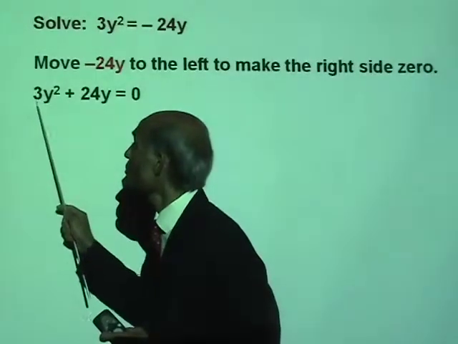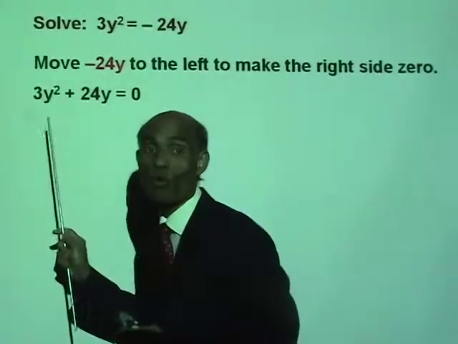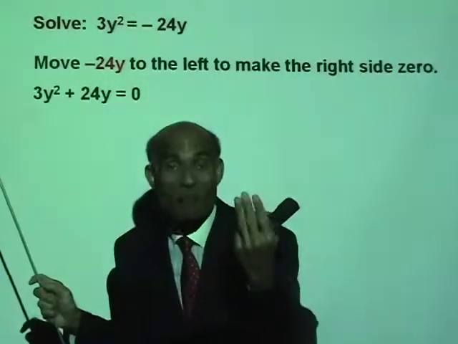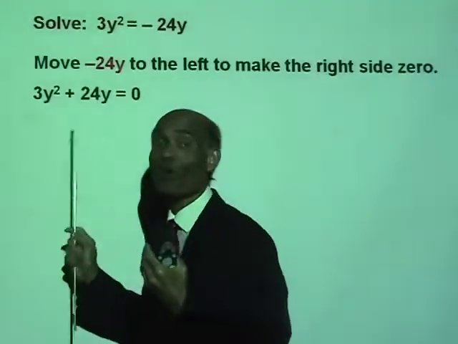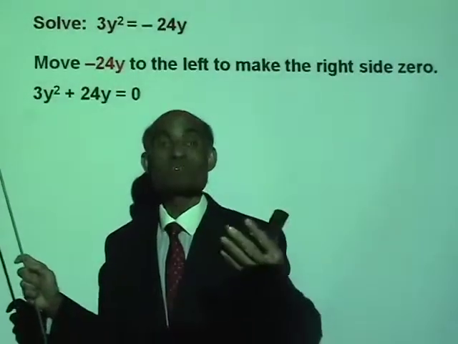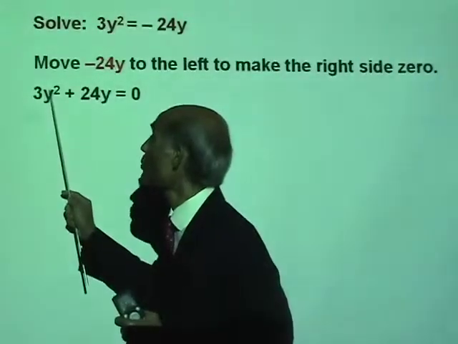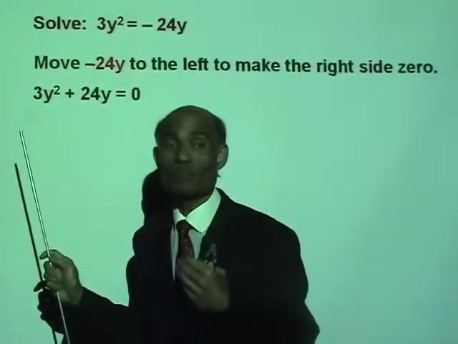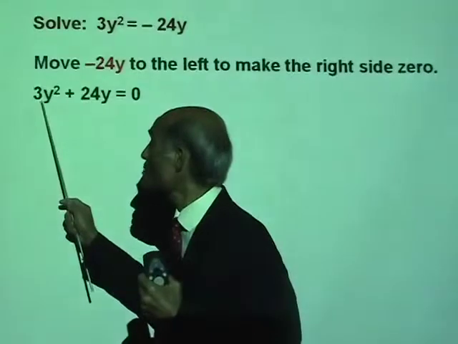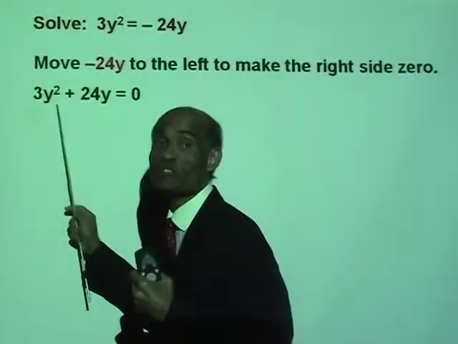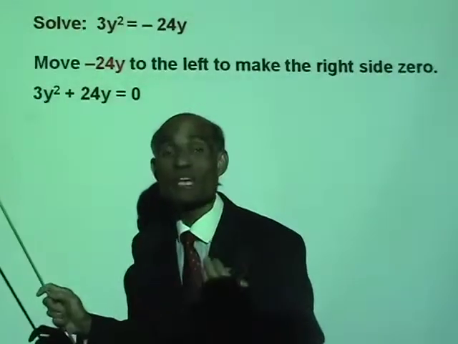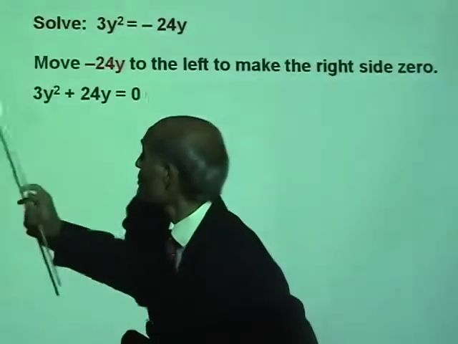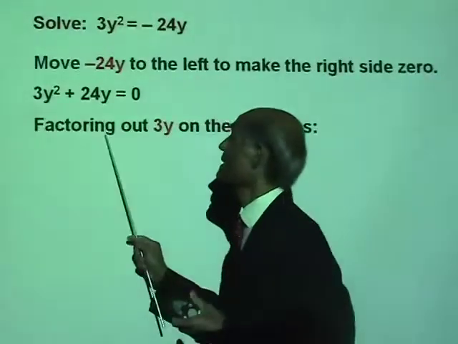Look at this. 3 and 24. 3 is the common factor because 24 is 8 times 3. And between y squared and y, there is a y common. So the greatest common factor in these two terms is 3y. Let's factor the 3y outside.